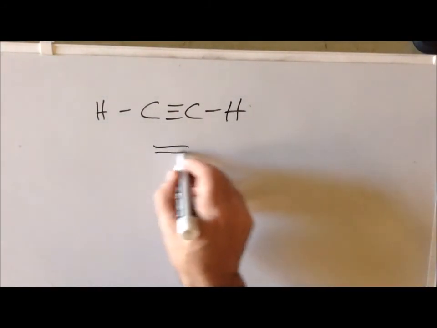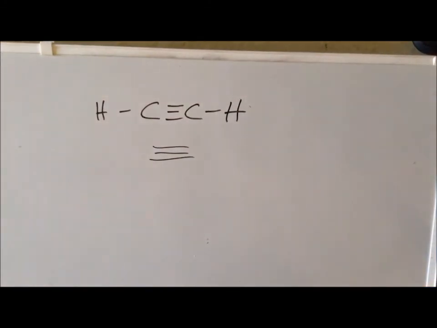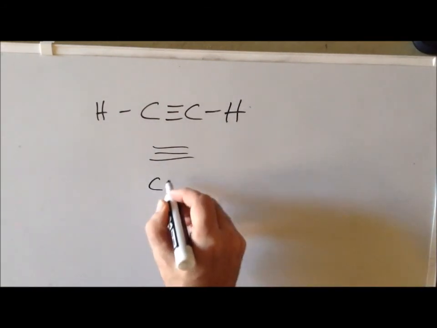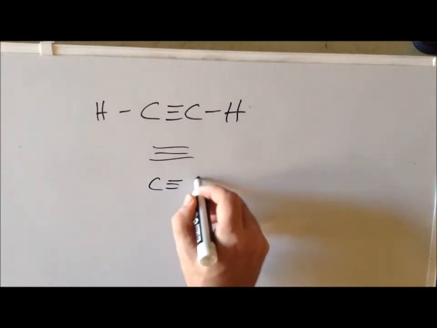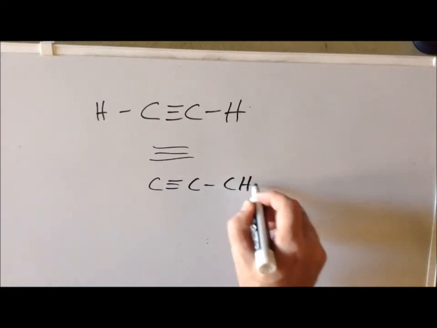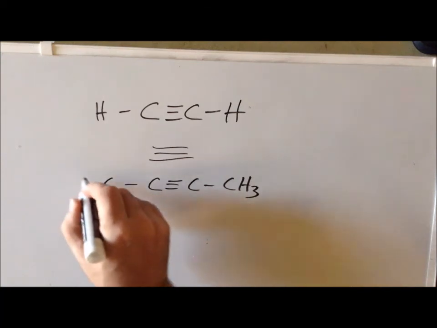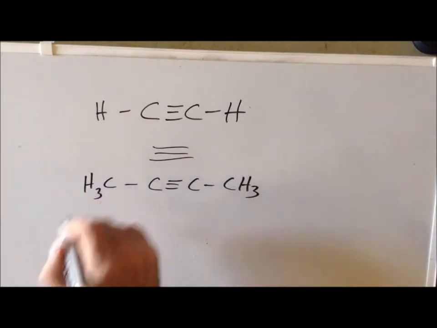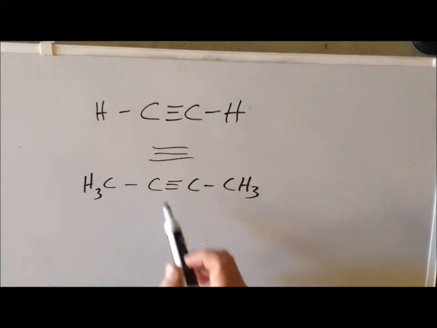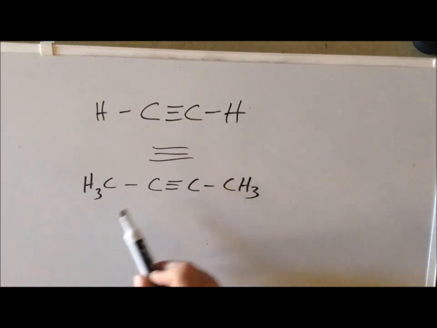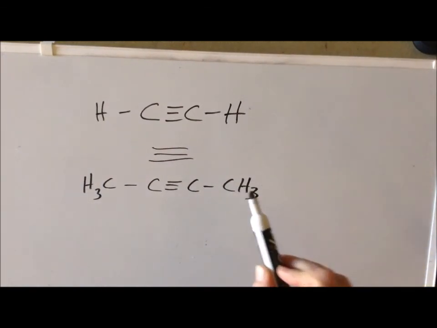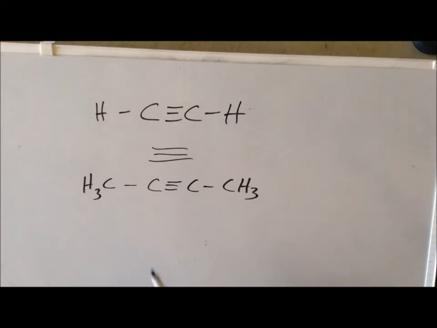We can also look at this particular molecule here, which is a butyne. It's a butyne because we have a triple bond. 4 carbons tells us that we have a but group of some type. So this is 2-butyne. But if I write it as shorthand, I can write it like this.